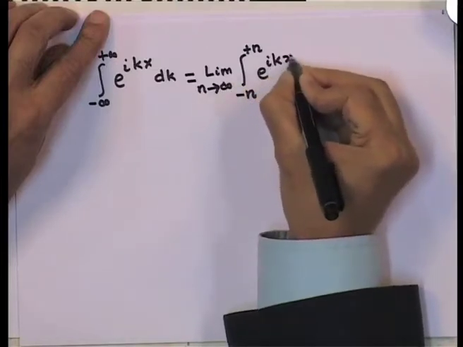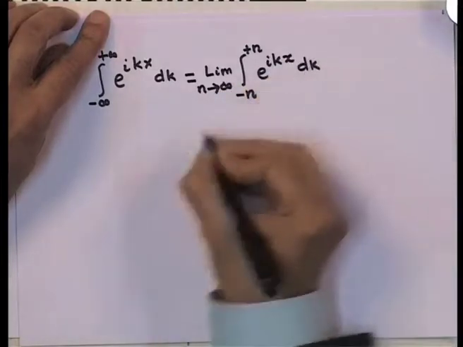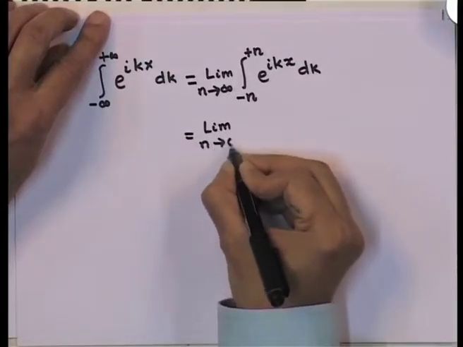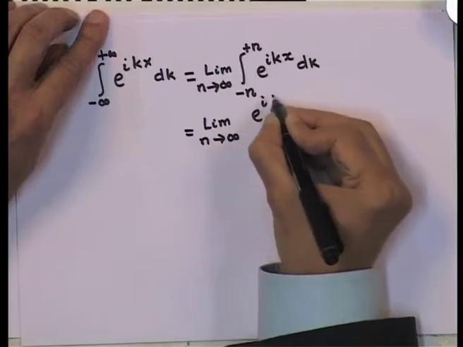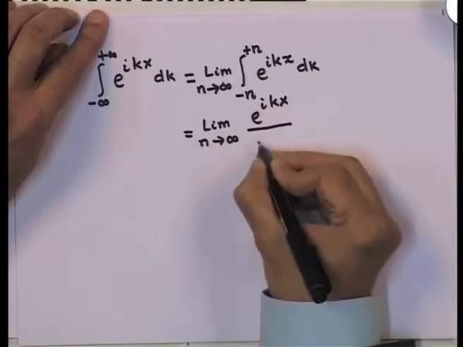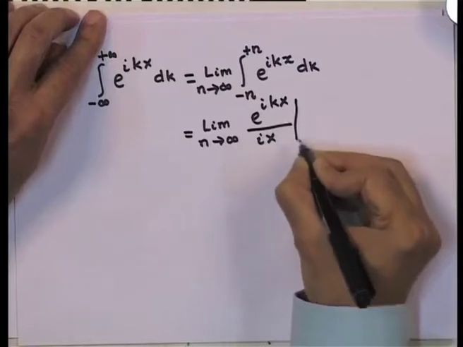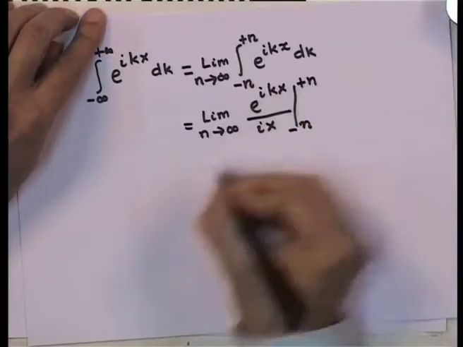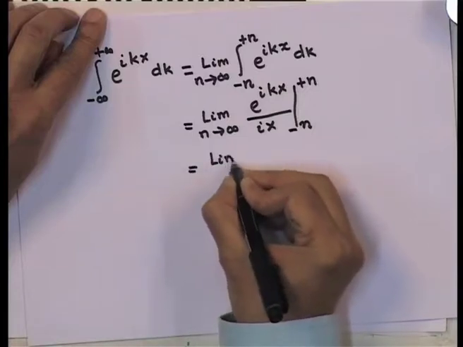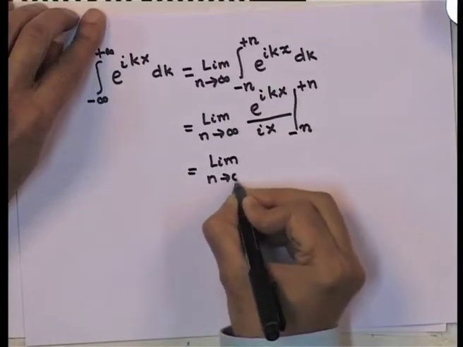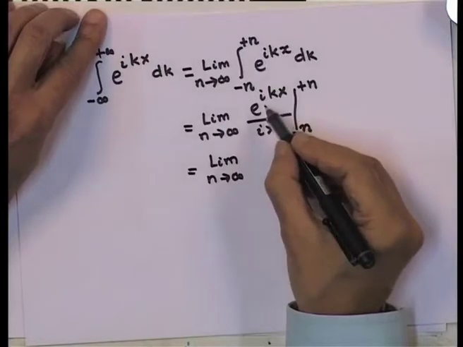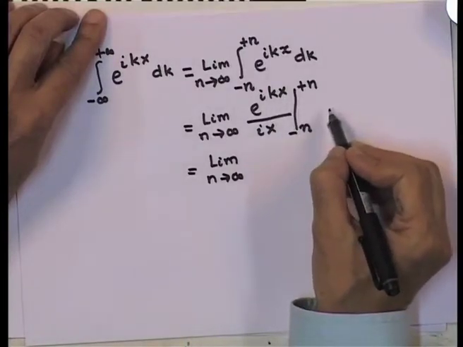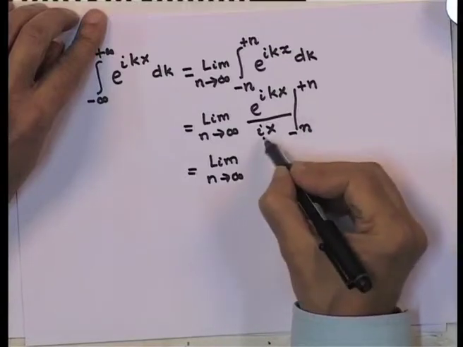Then of course, I know how to integrate this, because this is the limit n going to infinity of e to the power i k x divided by i x, from minus n to plus n. Substitute, you get e to the power i n x minus e to the power minus i n x by i.